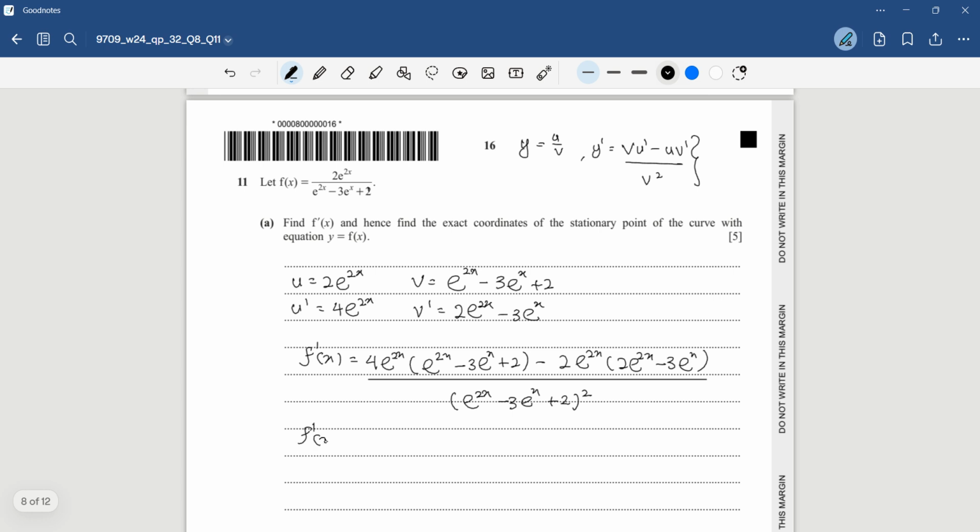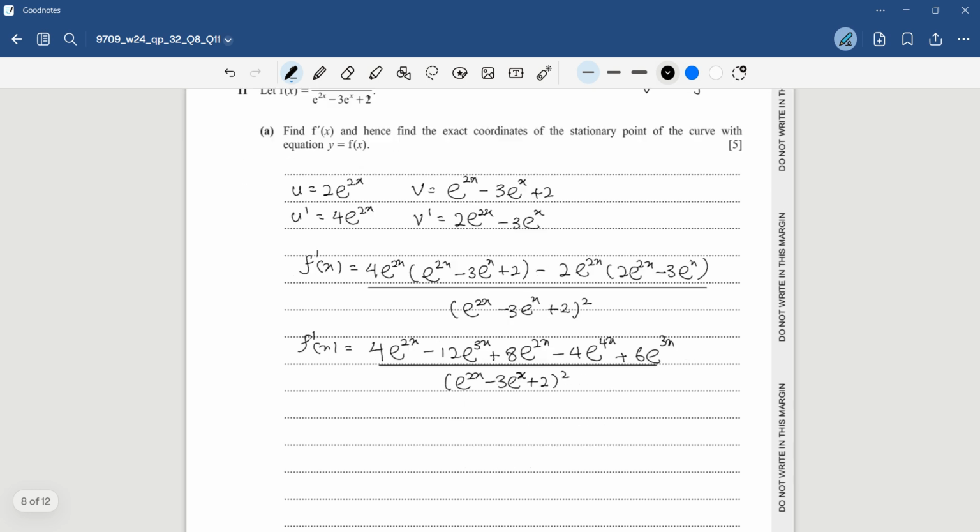So you can expand this and simplify. You expand first, we get 4e^(4x) minus 12e^(3x) plus 8e^(2x) minus 4e^(4x) plus 6e^(3x), divided by (e^(2x) minus 3e^x plus 2) squared.